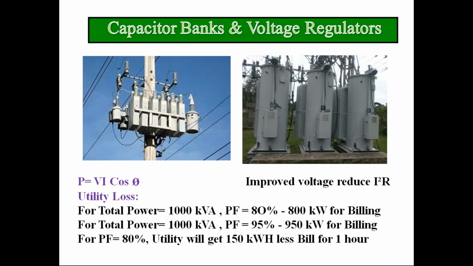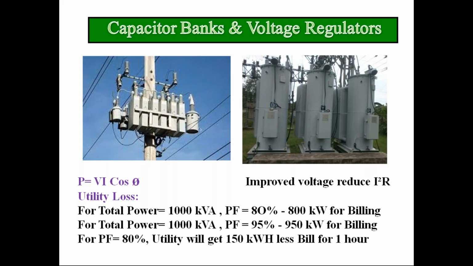For transformer loss, if a customer installs a 1000 kVA transformer with power factor 95%, his output was 950 kilowatt. But the same transformer with 80% power factor had only 800 kilowatt output. So for 15% less power factor, there was a net loss of 150 kilowatt output.